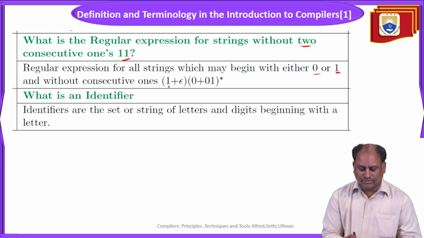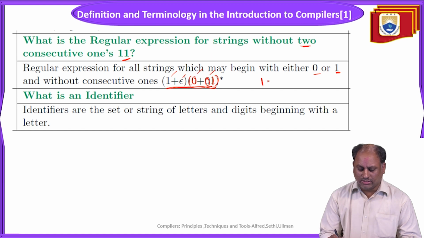That means if you consider this expression, the starting term is 1 plus epsilon. That means we can go with 1 or epsilon. In the second term, if you observe, one term is 0 and another term is 0 1. That means I can go for 0 or 0 1.